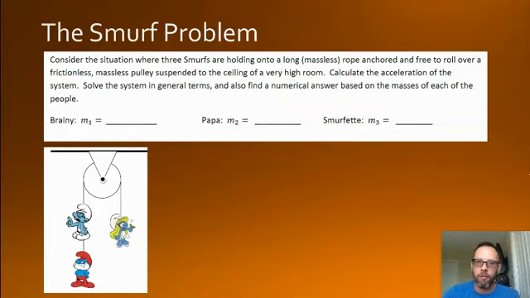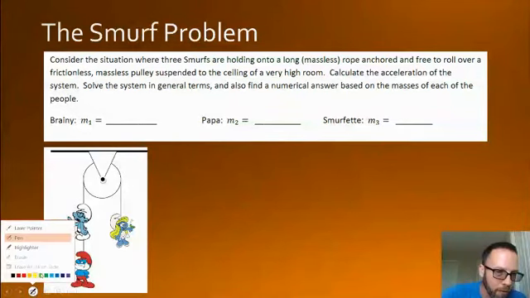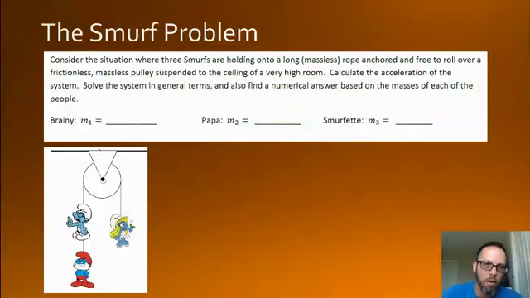Let's say Brainy Smurf is, I don't know what a good mass for a Smurf is, they're kind of small, so let's say 4 kilograms. Let's say Papa is, he's had too many Smurf beers over the years, so 7 kilograms. And Smurfette, we'll say, maybe is a little bit lighter than Brainy Smurf.